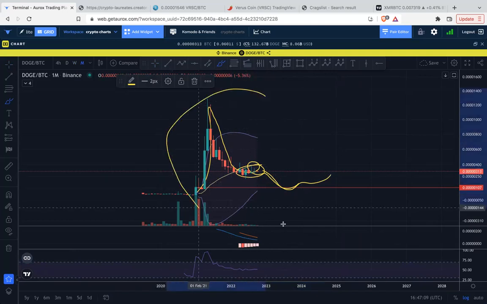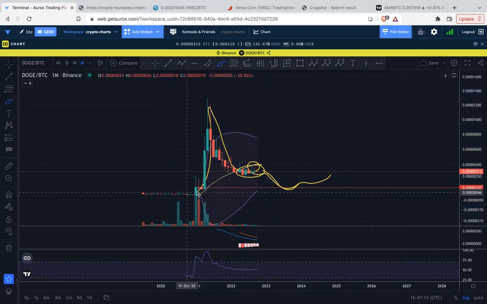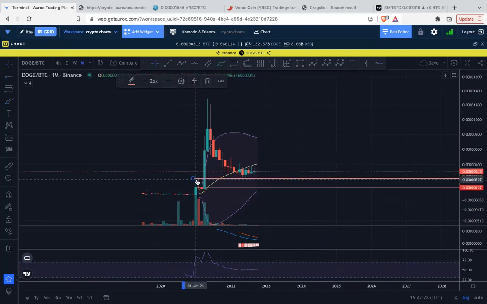This looks more like the proper shape that it would end up taking, doesn't it? It feels proportional to the move up, this move down, and the shape and the time seems more proportional. So that's the sense we're getting on these monthly charts across the board. It doesn't mean it's going to happen, but here's your key level here with wicks, resistances, supports.